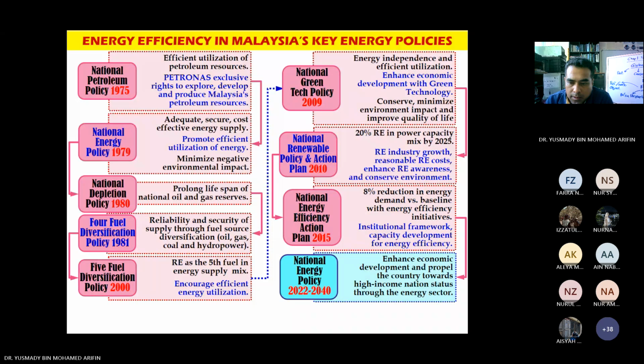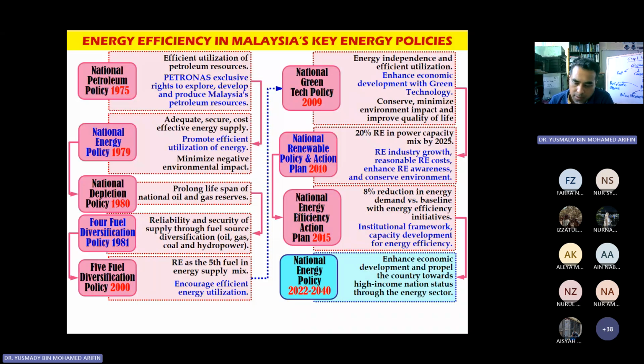Okay, and the last one, the National Energy Policy. The implementation period of this policy is from 2022 until 2040, where the policy tries to enhance economic development and propel the country towards high income nation status through the energy sector. This policy allows us to manipulate the energy sector so that our economic growth can be increased.